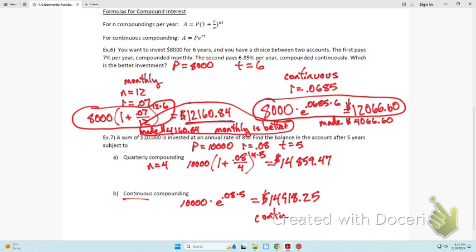Continuous is better on this one. Was it because they shared the same rate? I bet it was a combination. Shared the same rate, and quarterly compounded just wasn't as many times as monthly. Continuous wins. All right.